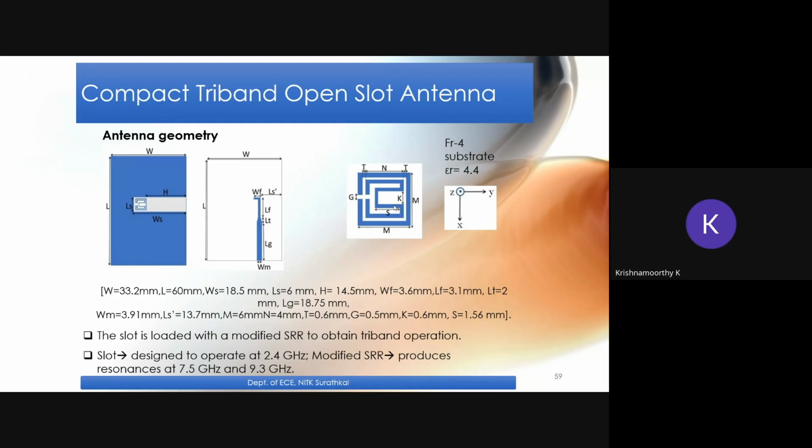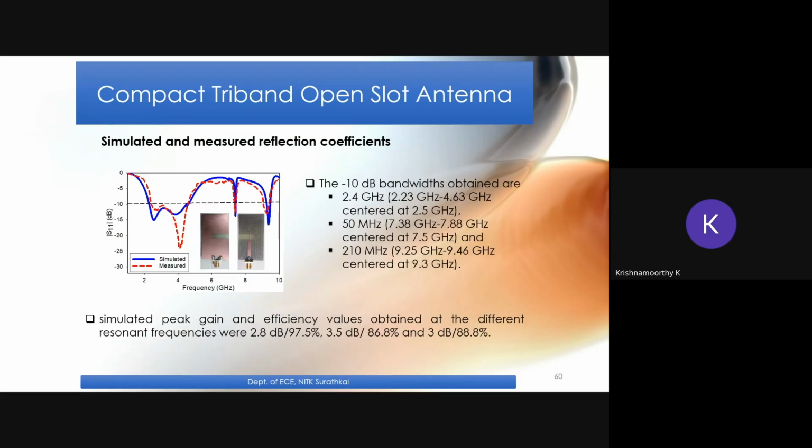Here we tried using a modified SRR like this structure, to get tri-band operation using the compact slot structure. Using the modified SRR structure, we get one more additional resonance in the slot antenna, so we get a tri-band compact slot antenna.